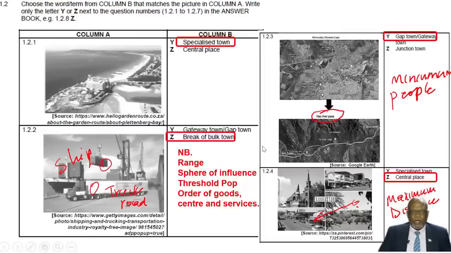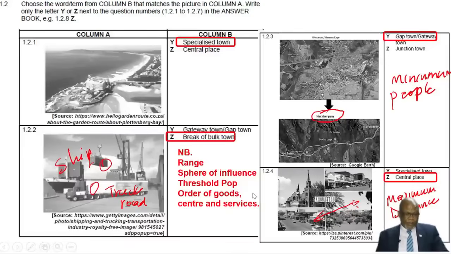It attracts people from all over the world. But I can't imagine somebody who will Google your school and decide to come and study at your school from America or anywhere far, because it is a low order center and it provides low order services.